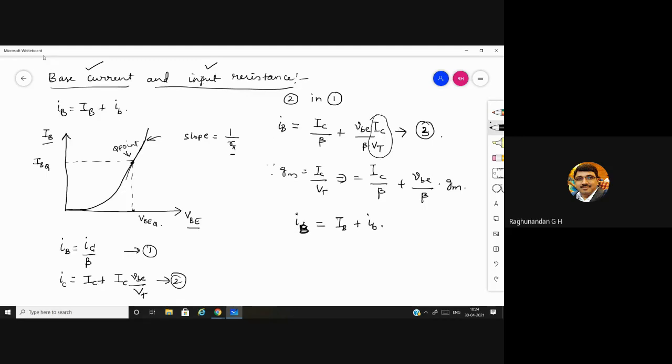In this particular topic, our main intention is to find small base current, that is small signal current. Small signal current means what? Whether it is AC or DC? AC. So the AC term is this one.